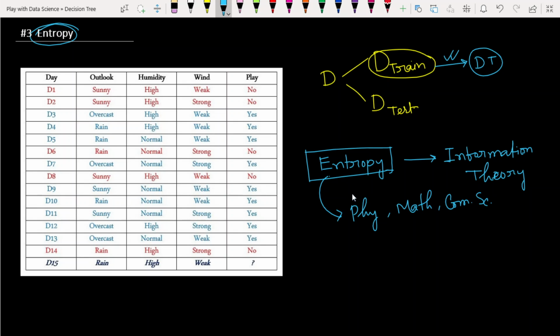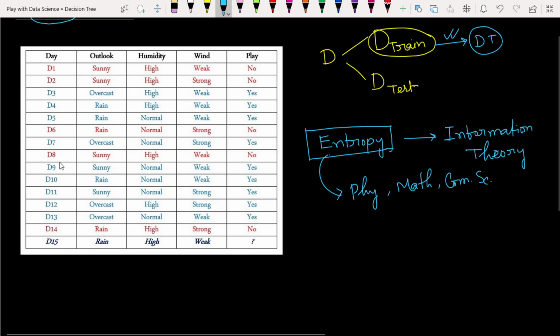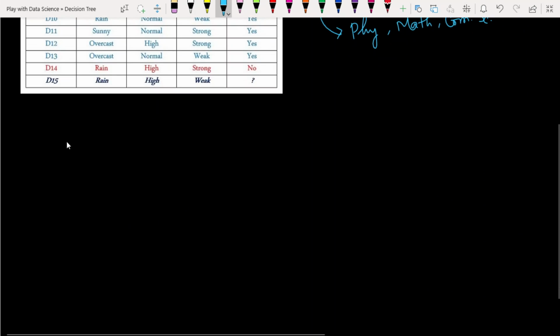Now let's see what is actually the geometrical meaning of entropy. I am taking an example to understand this entropy concept better. First, let's go to the theory part, then I will come to the example.